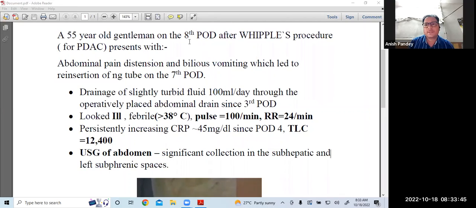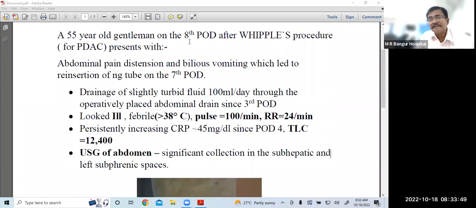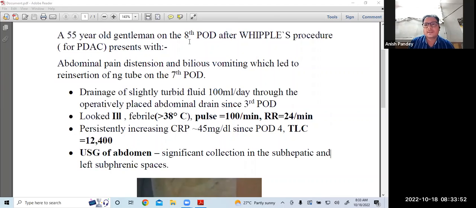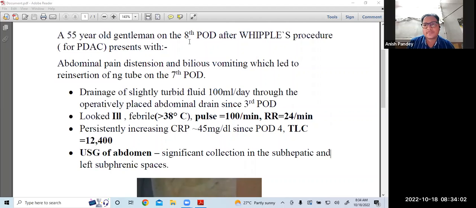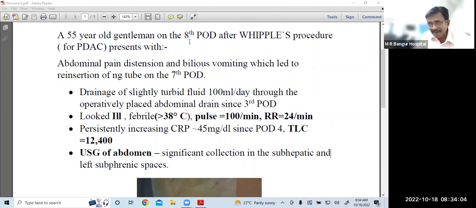No, sir. Operative technique does not have any major significance. No, there are some factors you should take care of. Yes, some factors are there, sir. Like, you should ensure that the pancreatic stump is vascular, is not ischemic. Yes. Okay, number one. And you see that if the pancreas is soft, you have more chance of having fistula. So the operative part is also important while you are doing it.